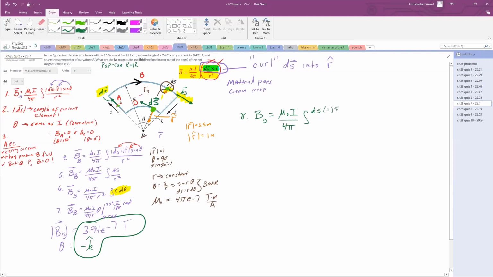What's the sine of the angle, or what's the angle between green vector ds and orange vector r hat? It's 90 degrees. So there you go, all over r squared. And that's how we are very quickly getting to the magnitude of the magnetic field at D is equal to mu naught I hat all over, and I forgot R.